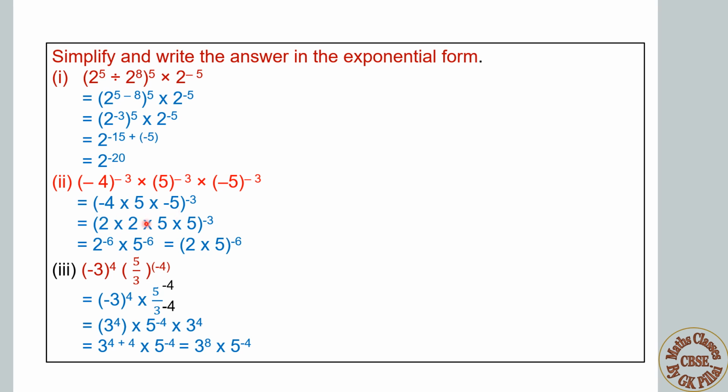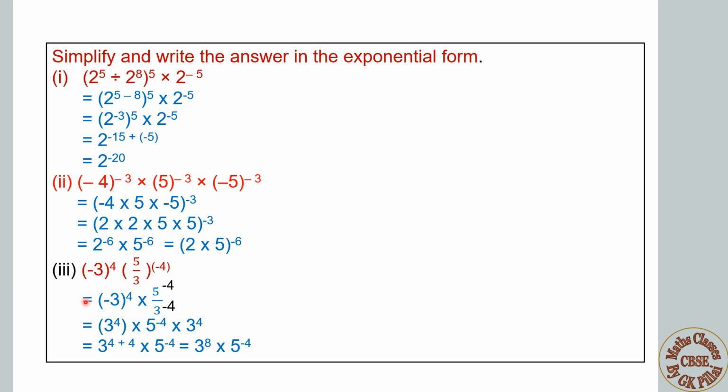So we can avoid the minus signs. So this will be 2 into 2 into 5 into 5. So your answer will be 2 to the power of minus 6, since there is a minus 3 sign. Here it is 2 squared and the whole power minus 3 will be 2 to the power of minus 6, into again 5 to the power of minus 6. Now you can write it within brackets, 2 into 5 whole power minus 6.